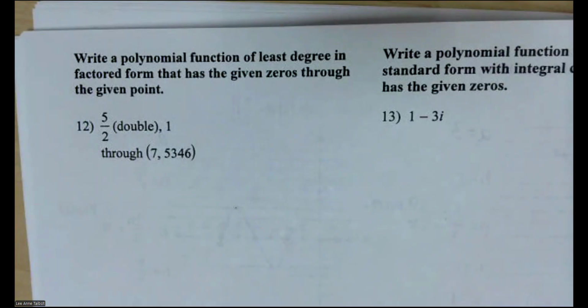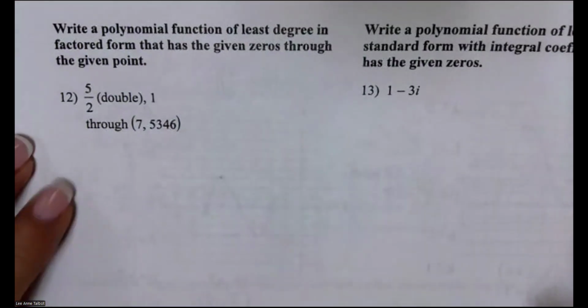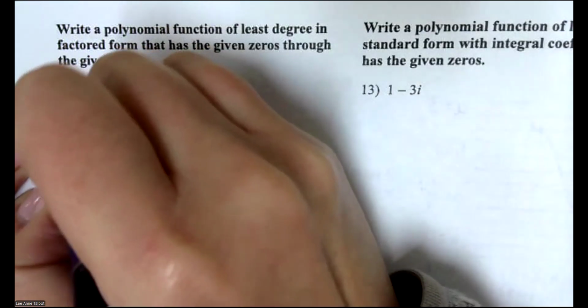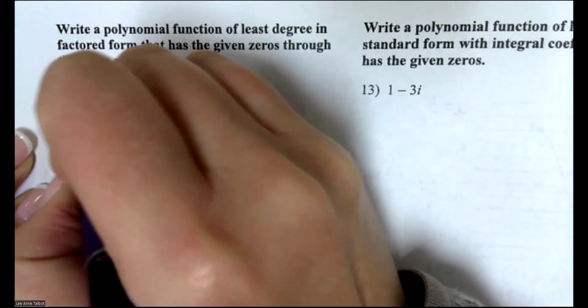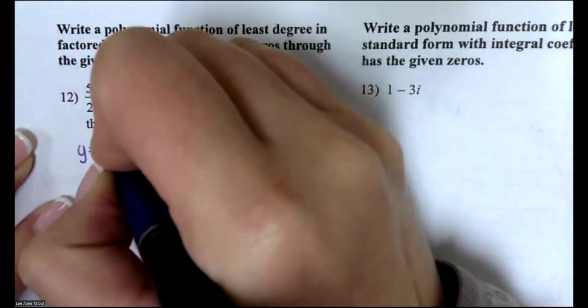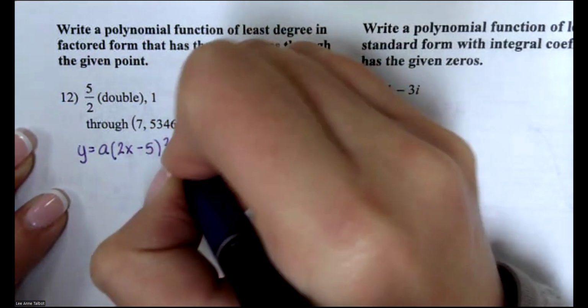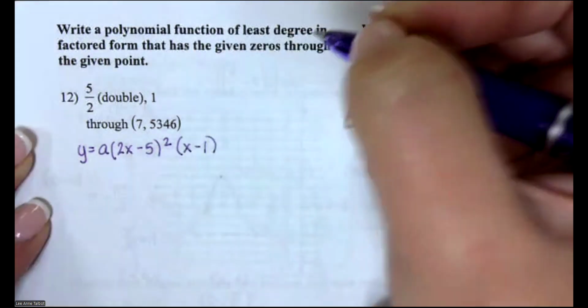Okay. Number 12. Write a polynomial function in factored form. Woohoo! That has the given zeros through the given point. I like factored form. Okay, so I have y equals a(2x minus 5) squared (x minus what?)